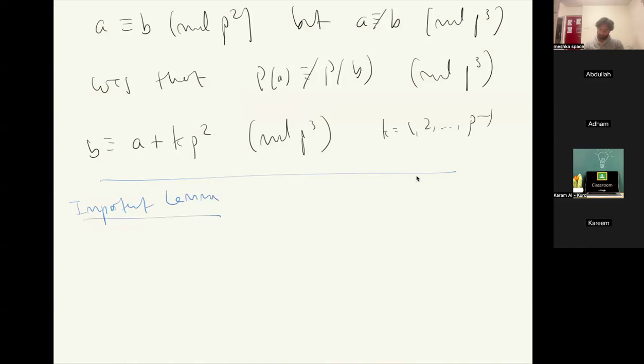It's a little bit different, but let's take A plus KP squared and raise it to the power of M. It's what we were doing before.